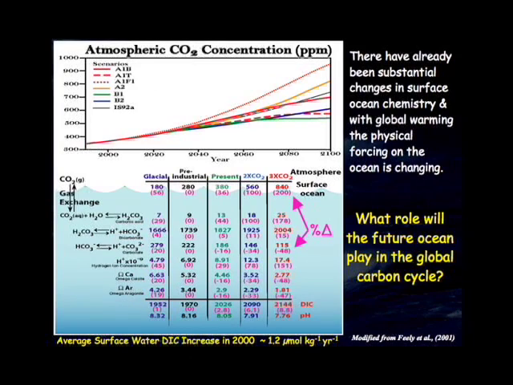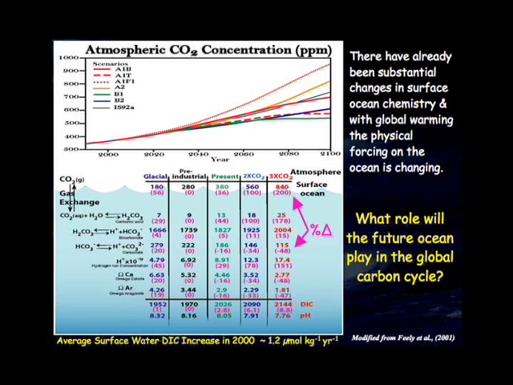Now, here's a different representation of what Fred was talking about, of what the future holds for us. This is the IS92A business as usual scenario, taken out to a level of about 2,000 parts per million. We're presently at the present day level right here, and you can see by the end of the century, we'll be somewhere between 2 and 3 times the pre-industrial level, right around here.